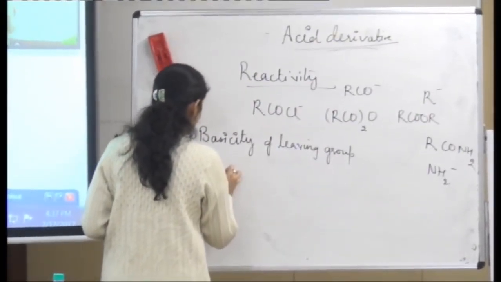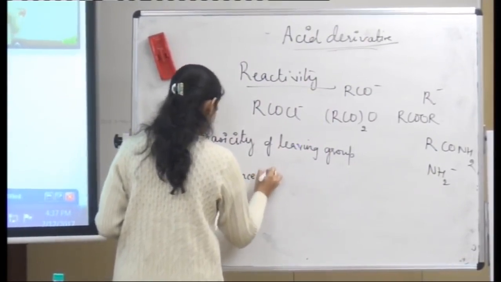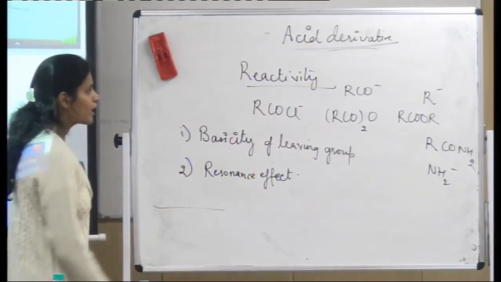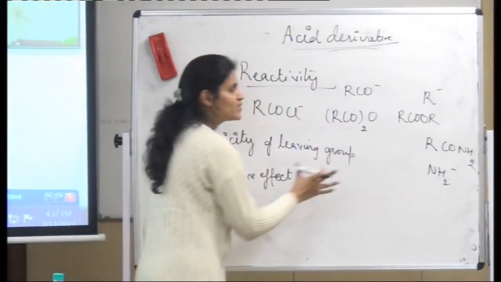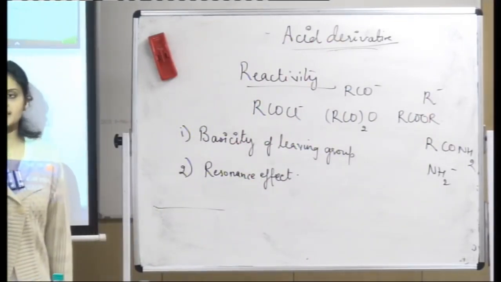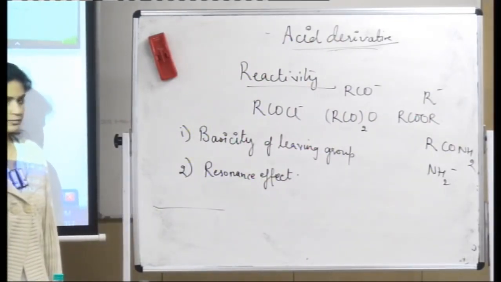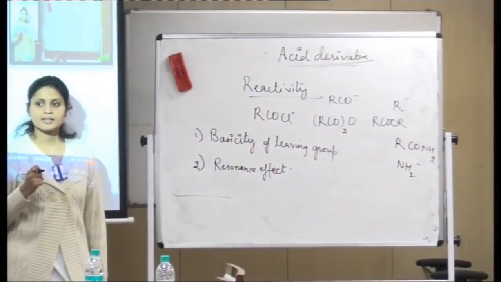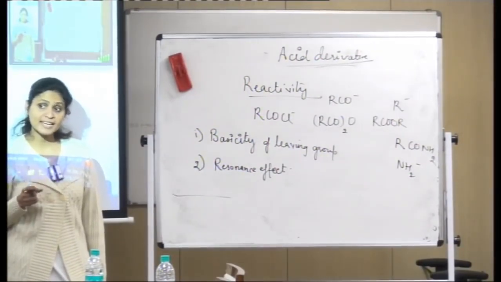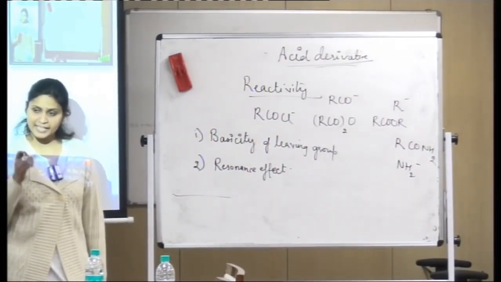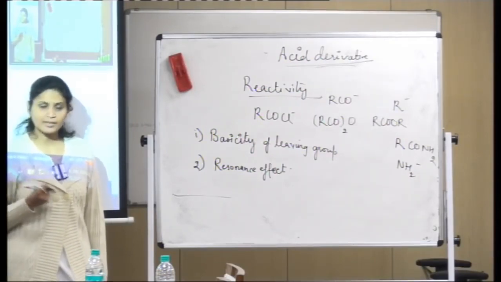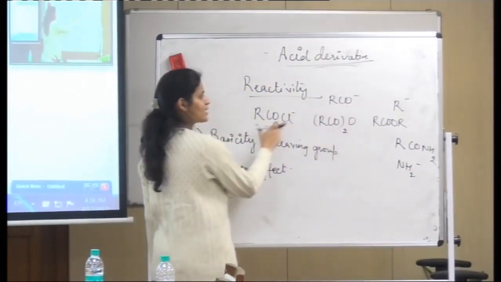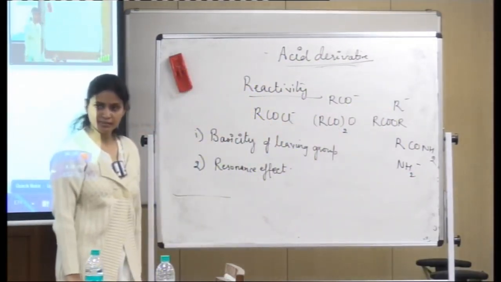The second effect we should consider is the resonance effect, right? Out of these leaving groups, which is the strongest, which is more basic? Is Cl minus more basic or NH2 minus more basic? The amino group, we know, is an electron donating group, and hence it has more electron density, so it is more basic compared to the others.